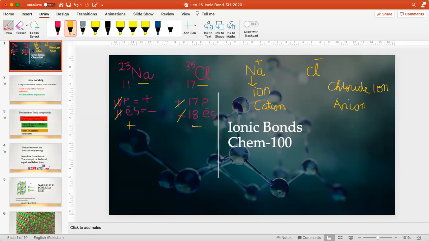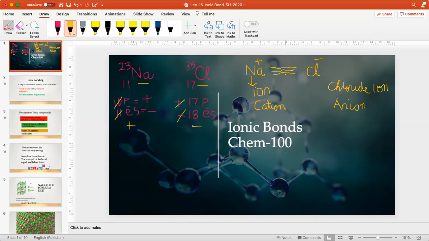Right? So, as per the definition which I have just told you, it is a bond which involves the electrostatic attraction between oppositely charged ions. So these oppositely charged ions, this is a positive charge species, this is a negative charge species, and they have some electrostatic attraction.